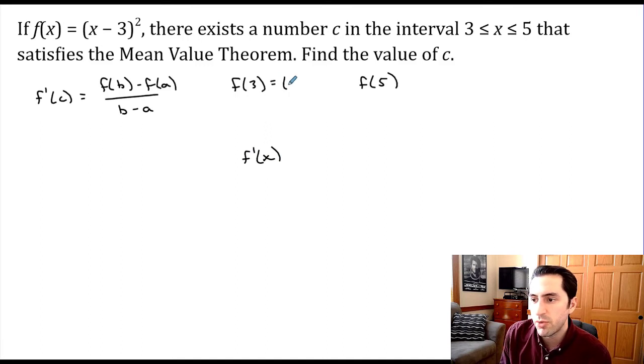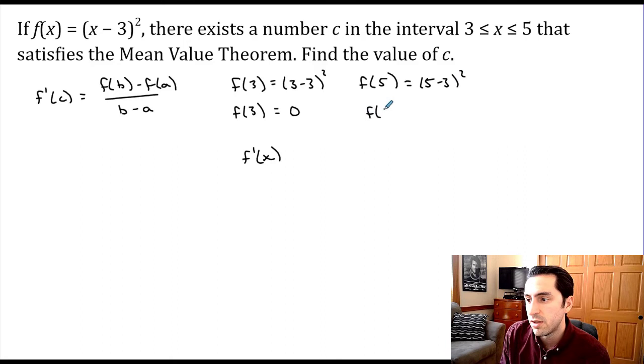So if I plug in 3, we have (3 minus 3) squared, which is 0 squared. So f of 3 is equal to 0. And let's also plug in 5. So (5 minus 3) squared is going to be 2 squared. So f of 5 is equal to 4. And then the last part here, let's find the derivative.